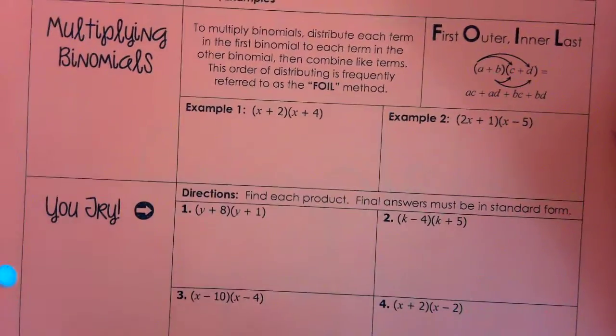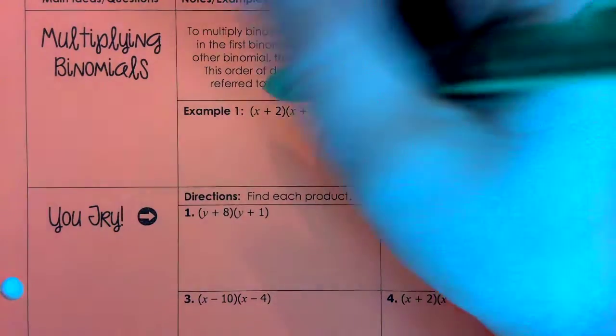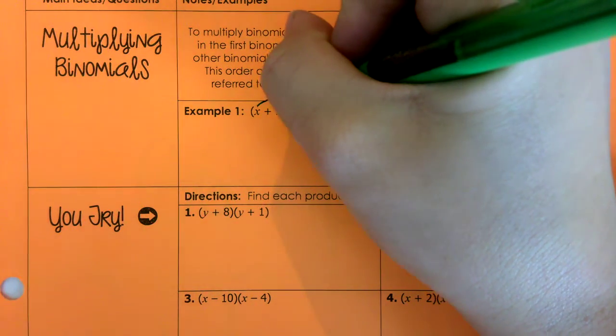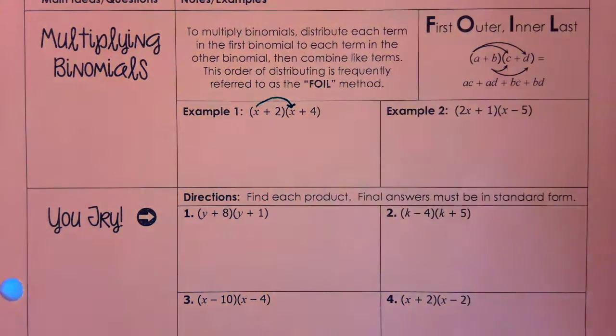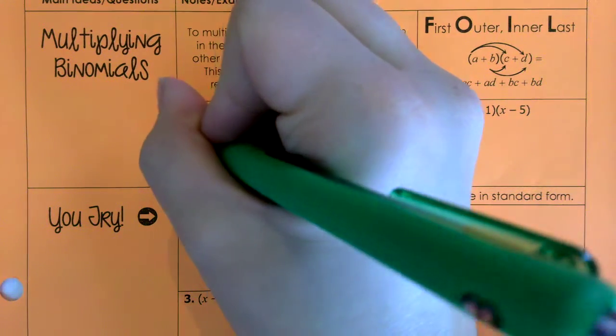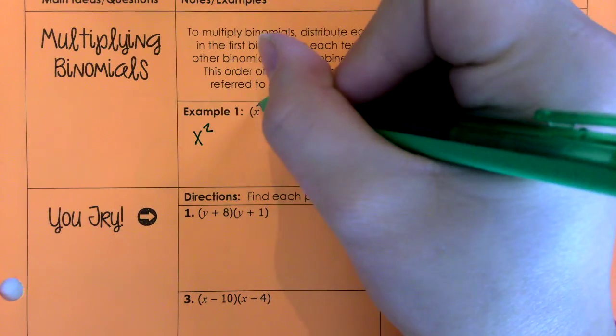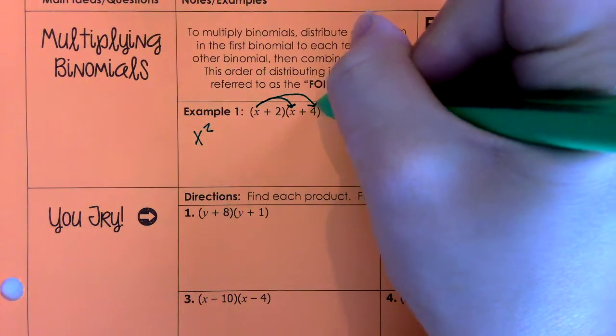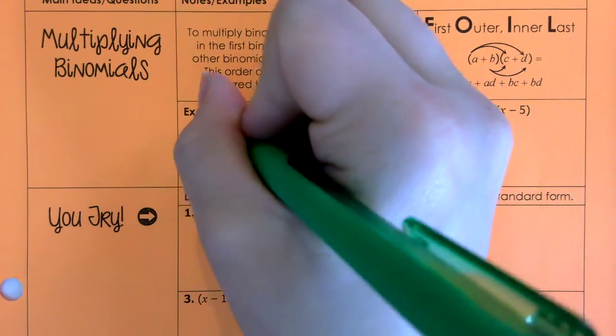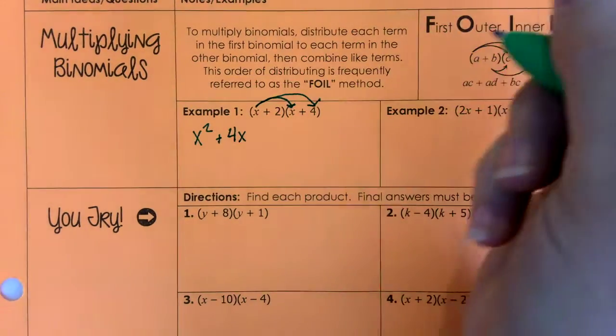But if we go through and we look at multiplying our binomials, we're going to take x times x, which gets me x squared. Then we're going to take x times 4, which gets me plus 4x.